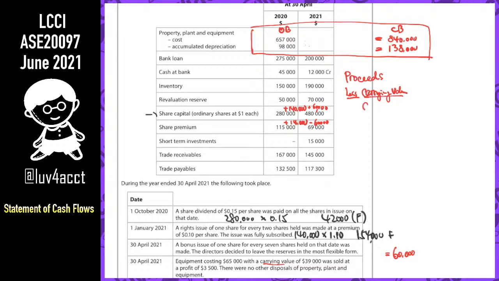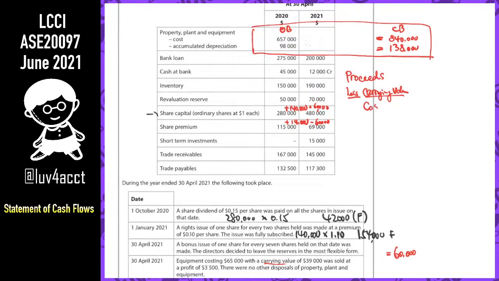How do we find the carrying value? It is the cost minus accumulated depreciation. And then we will have the disposal gain, or the disposal loss if it is negative. So we can always use this to help us find all the items related to disposal.